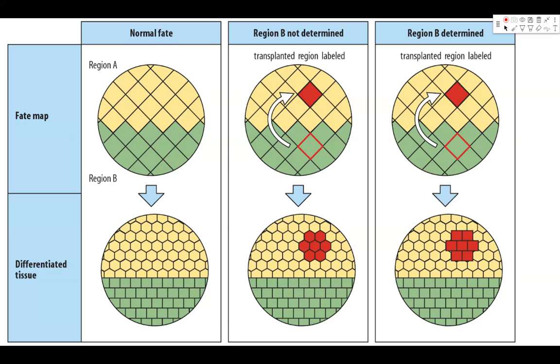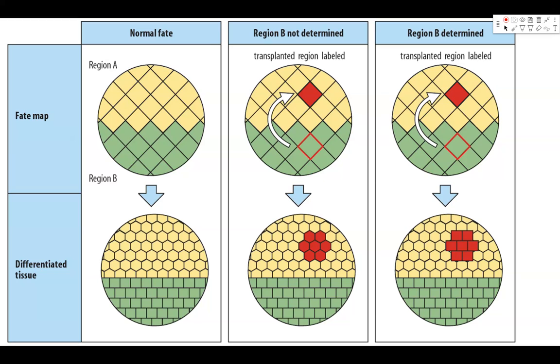They became these little hexagons, even though they were originally in the squares. That's what happened if they took a cell out of the green part and put it in the yellow part before determination happened. They watched it and said, oh, okay, everything is going just fine, everything is normal.